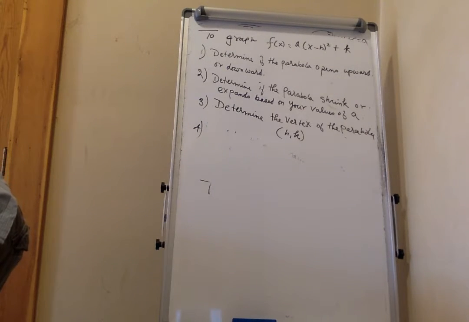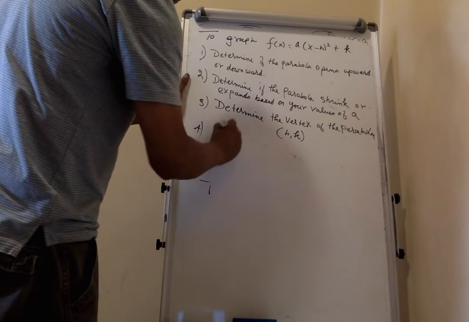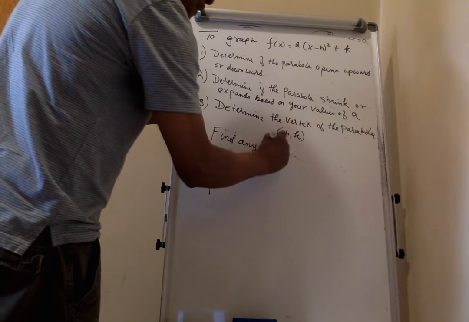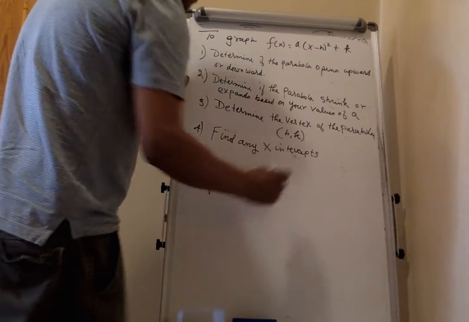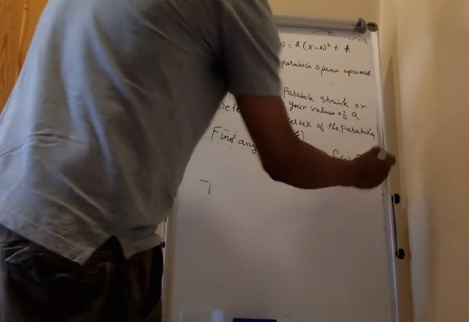Okay. Four, find any x-intercepts. Meaning what? You would say, what is f of 0?